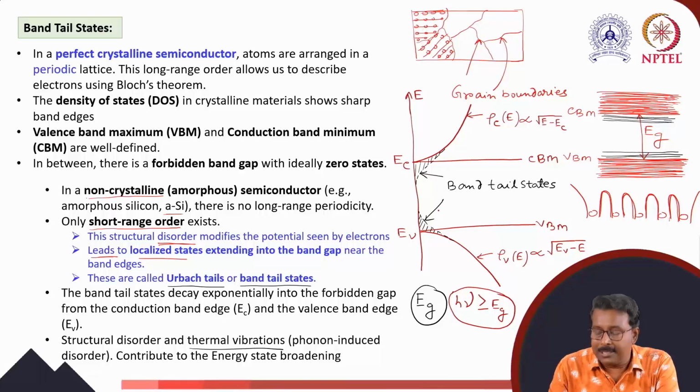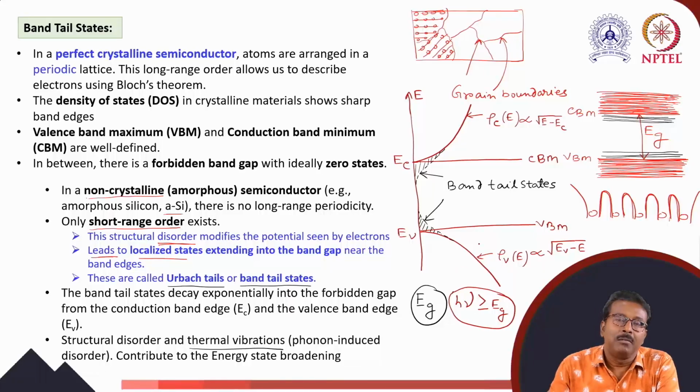Since the energy states are extended within the forbidden gap, some lower energy photons can also be absorbed by the material, and that will change the absorption spectra, and there will be a tail-like nature in the absorption spectra.